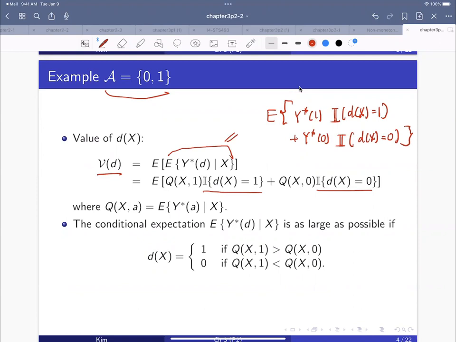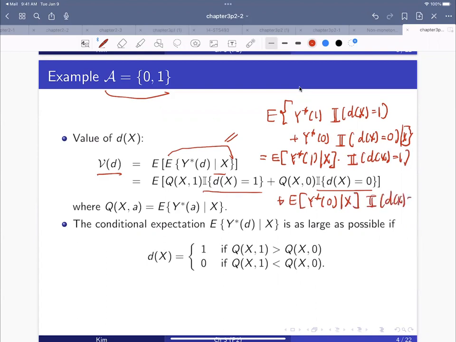Given x, this is just the same thing. So given x, E[Y*(1) | x] times I(d(x) = 1) plus E[Y*(0) | x] times I(d(x) = 0).